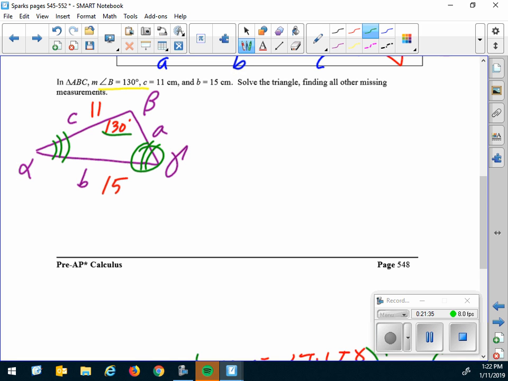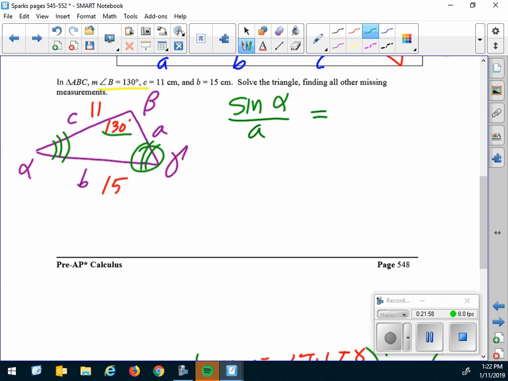I'm going to have to use sine alpha over A because I don't know A. Now you can use sine gamma over C because you have stored gamma, correct? I'm just going to use beta and B because I haven't stored anything.